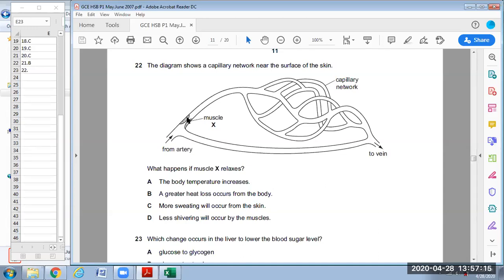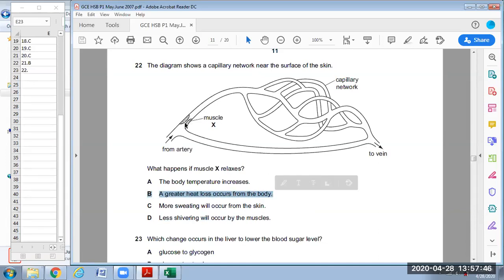If it relaxes, it gets wider. If the blood capillary gets wide, more blood flows to the surface of the skin, and therefore heat is lost, so the temperature will not increase. A greater heat loss occurs from the body, nothing to do with sweating. So the answer is B.